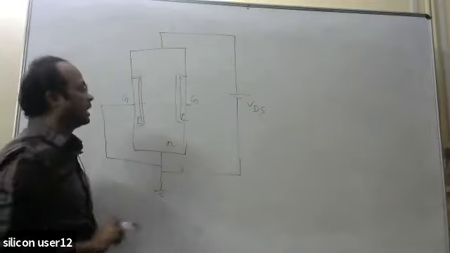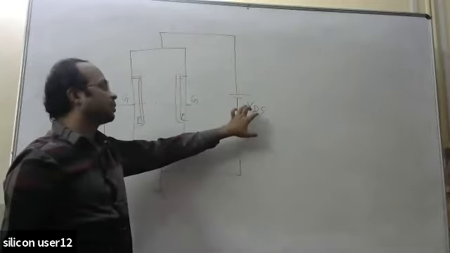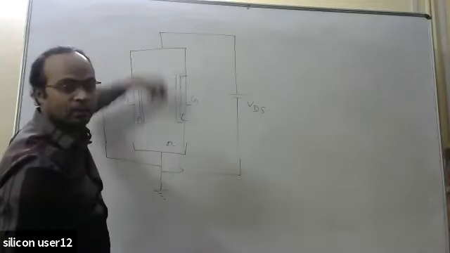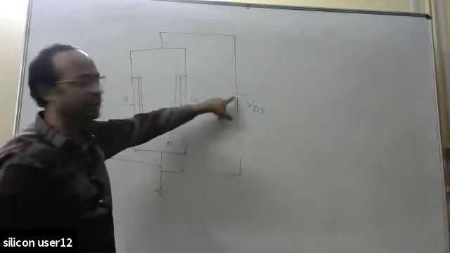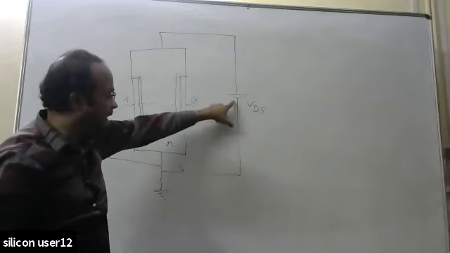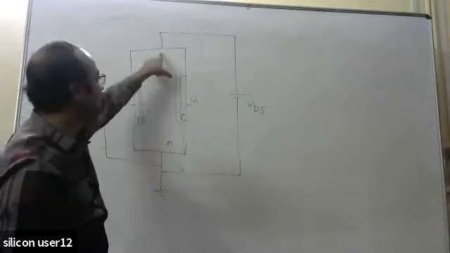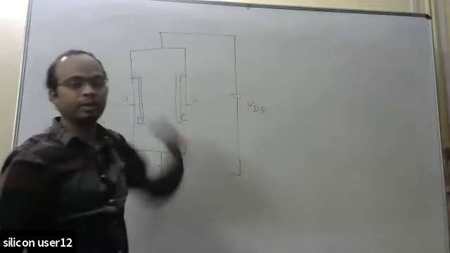Now when I give a certain voltage, that voltage will try to pull the electrons from the source side. That means electrons will come from this negative terminal, reach this point, be attracted here, and reach the positive terminal of the battery.